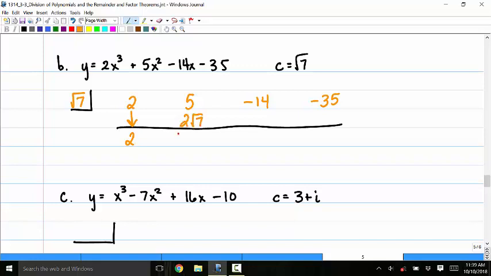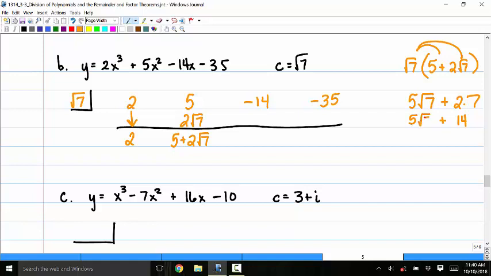Okay, 5 plus 2 root 7, right? Can you do anything to that? That's it. But now you need to multiply 5 plus 2 root 7 by root 7. So distribute. You get 5 root 7 plus 2 times, what's root 7 times root 7? 7. Just 7. So your answer is going to be 14 plus 5 root 7.